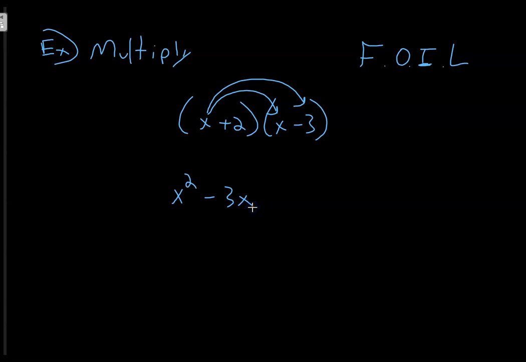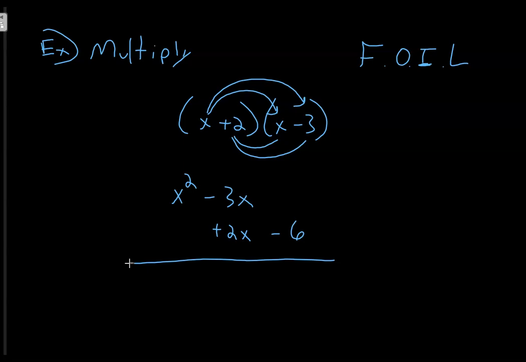And then I multiply the two inner terms and the last terms. So 2 times x is positive 2x, and 2 times negative 3 is negative 6. I usually line them up this way because a lot of times it lines up pretty easily, where the 3x and the 2x are like terms.